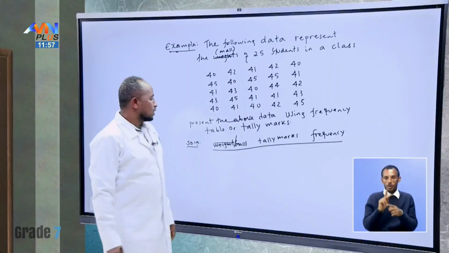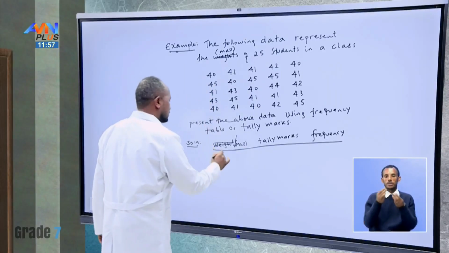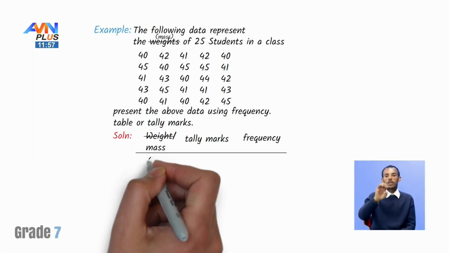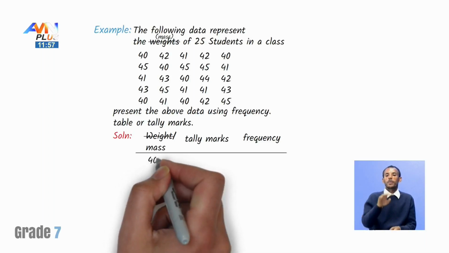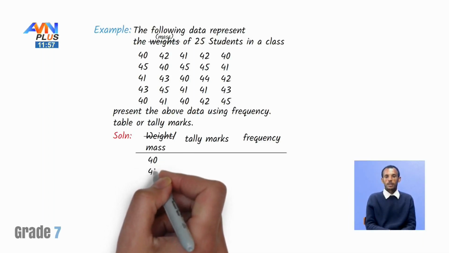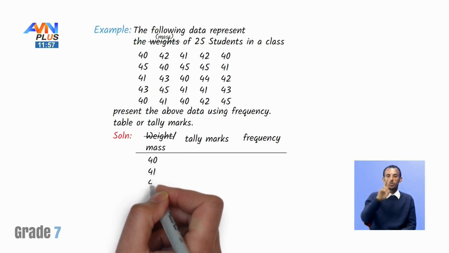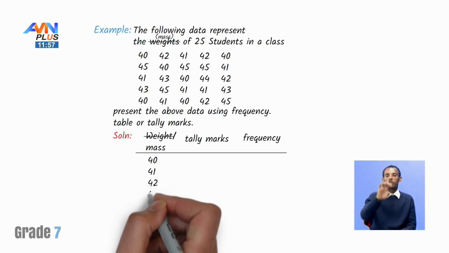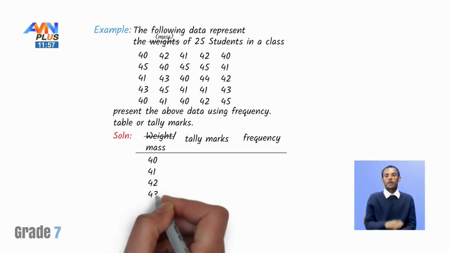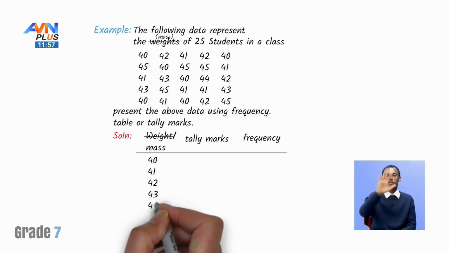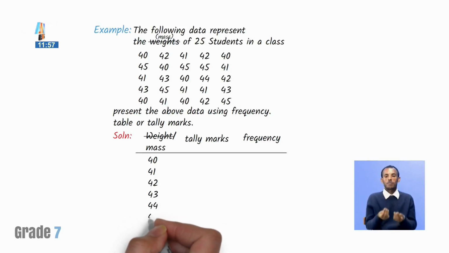Okay, so the masses given here are 40, 41, 42, 43, and 45. These are the masses of the students in kg.